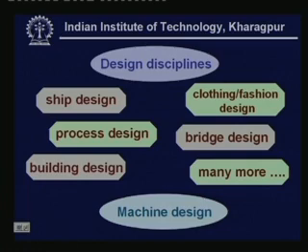Now, you have seen so many disciplines of design. Every field, whatever has been shown in the slide, is based upon certain knowledge acquired by the people in that particular discipline, and they have taken some decisions from their knowledge of their discipline and are designing the required products in their specialization.